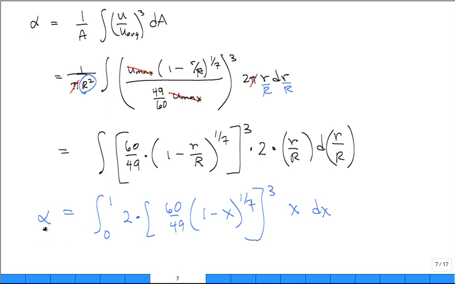I sure don't want to do that by hand, do you? And so we're thankful that Wolfram Alpha exists. And if you do beta, I think I can just figure it in. Here's beta. 1 over area, the integral of U over U average squared dA. True?